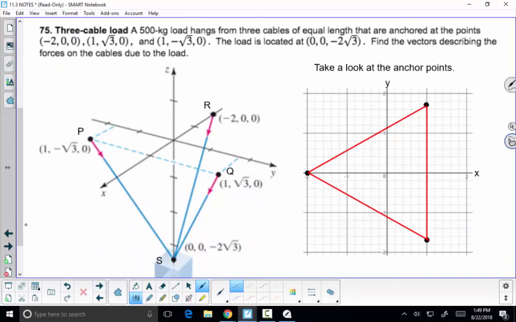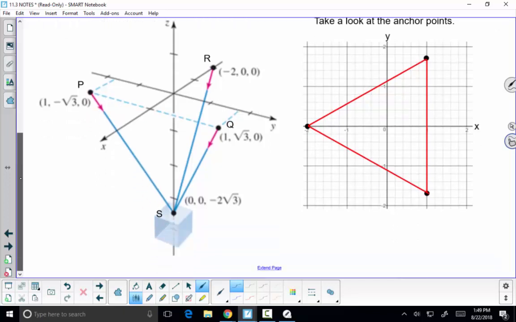All right, let's take a look at one of these cable loading problems. There's one of these in the homework. And the book doesn't tell you, the homework doesn't tell you this, but it turns out to be what's happening. The 3 points there, you know, we did one the other day where if you had 2 cables at 45 degrees, so they're symmetric, we know that the force on each is the same.